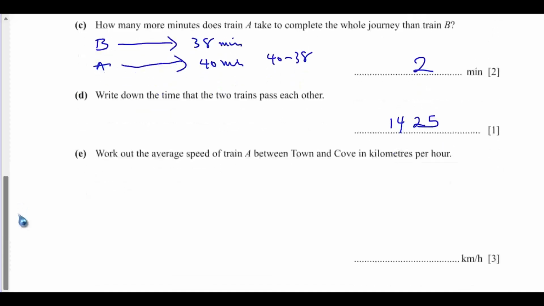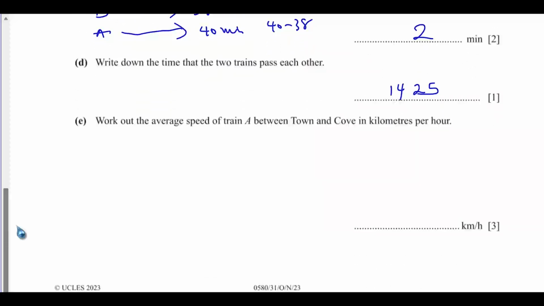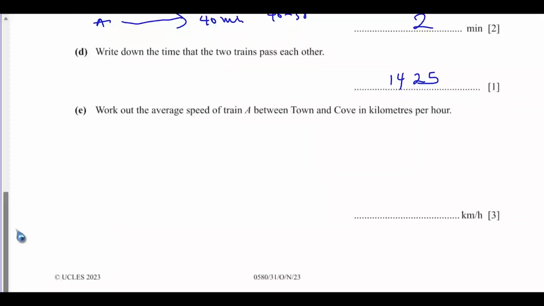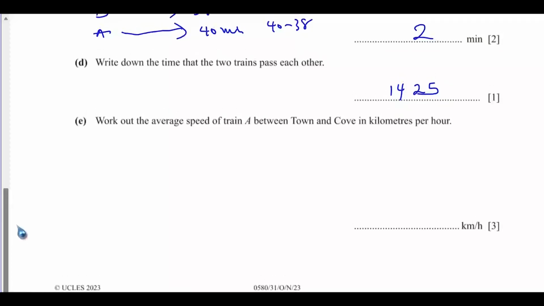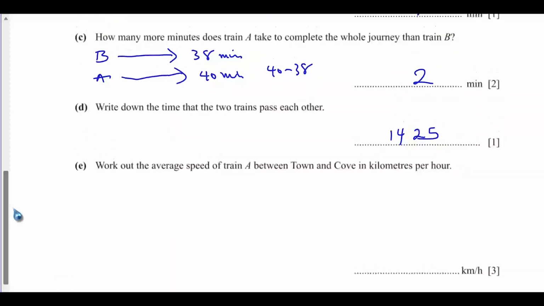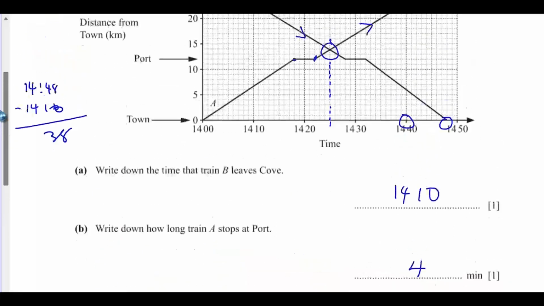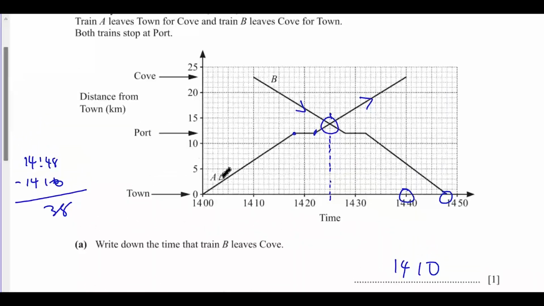Okay, so let's see the last one here. Work out the average speed of train A between town and cove in kilometers. So train A between here and here. So we need to get the total distance as well as the total time taken.